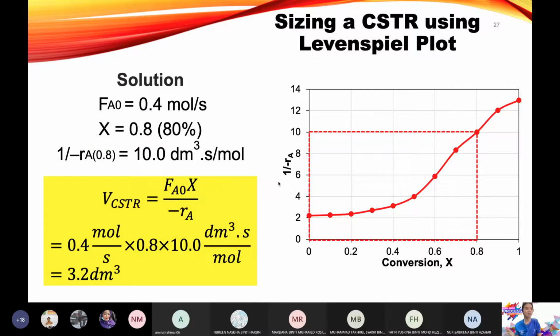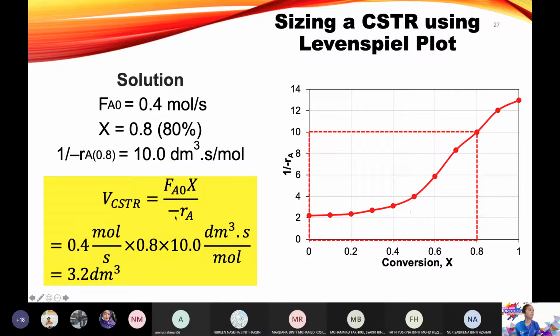Okay, why is this important? During the calculation part. What do I mean by that? Okay, so imagine you have the plot. You remember I taught you that for a CSTR, the volume is equal to the area below and above the curve, or basically the area of the rectangle, multiplied with FA0.